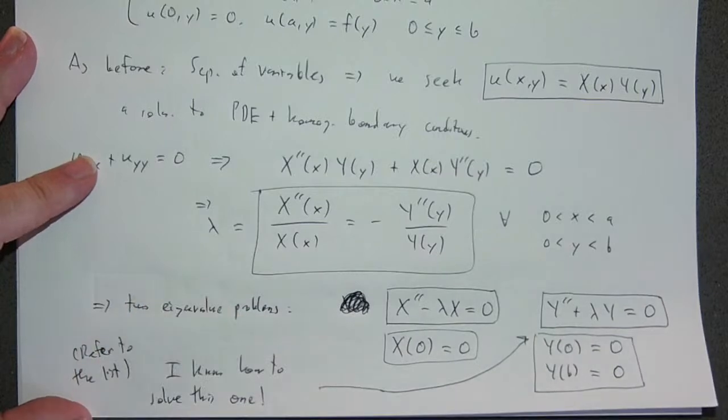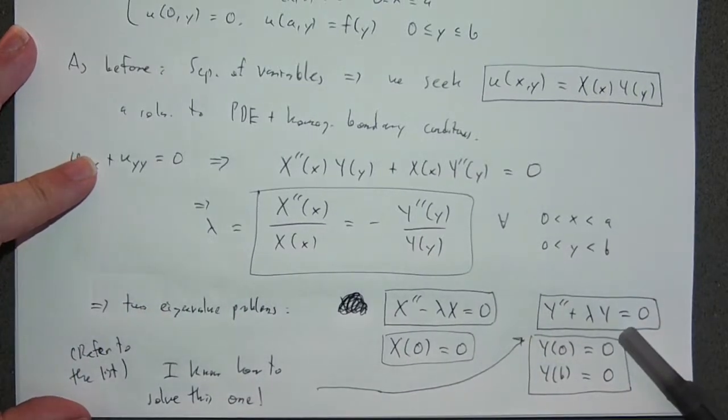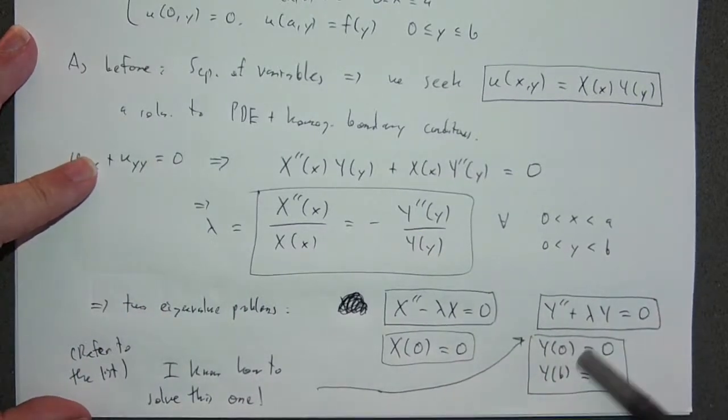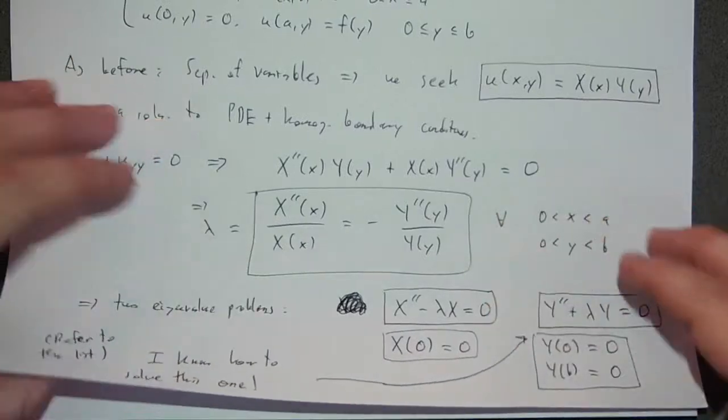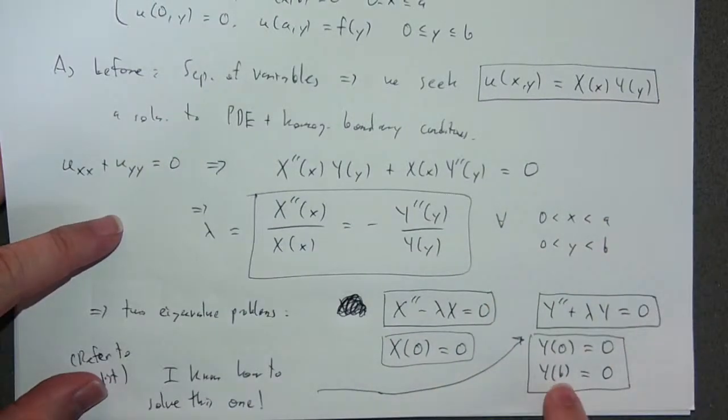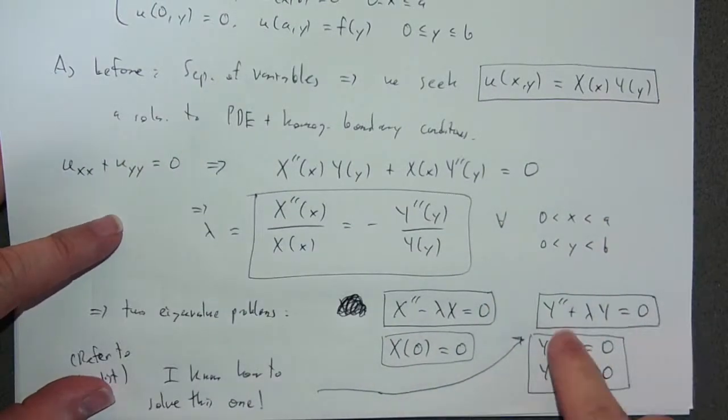This is my eigenvalue problem with homogeneous Dirichlet boundary conditions, so I know exactly what that thing looks like. Here the length of the interval in question is b.